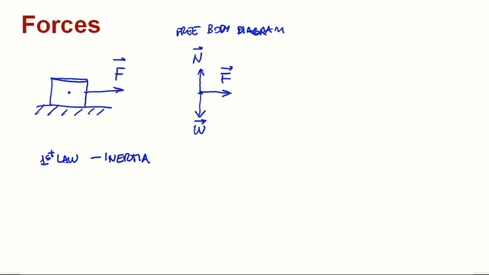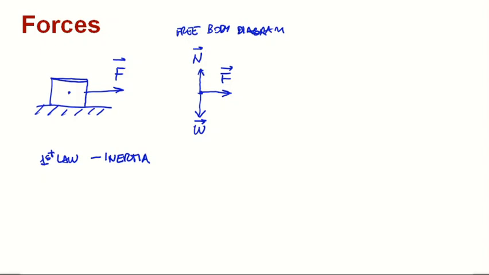This is noticeable, for example, when you're in a bus or in a car and the vehicle stops suddenly. Basically your tendency is to keep moving forwards. You feel the urge to keep moving forwards. There might even be an accident. Can you imagine? Sometimes the car crashes and the person goes flying through the front window, and that's because of inertia.